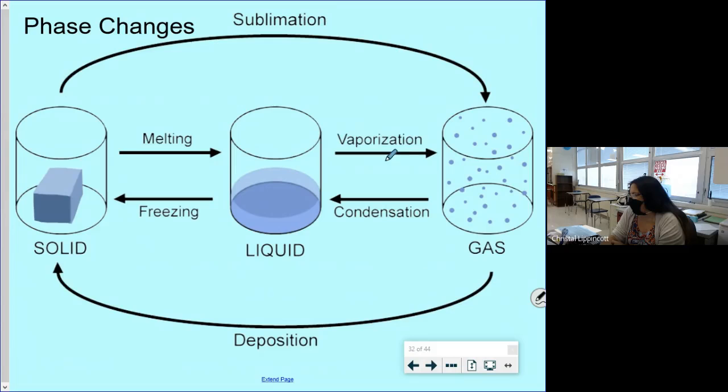We have a slow version, which is evaporation, and a fast one, which is boiling.